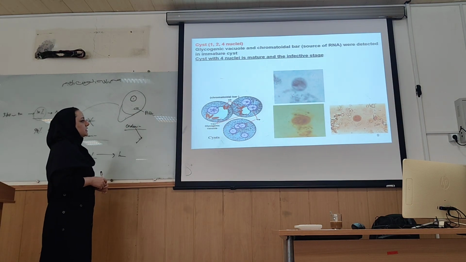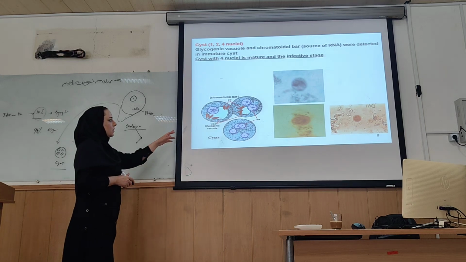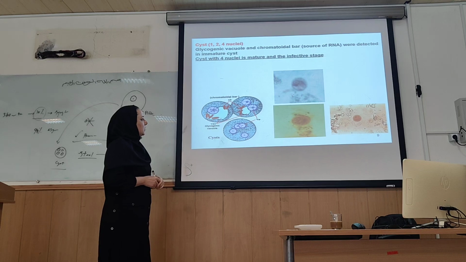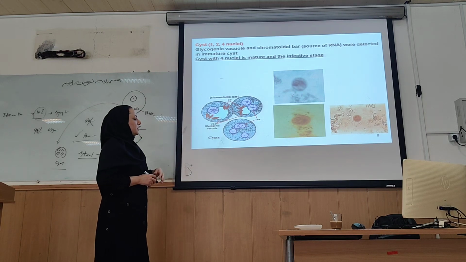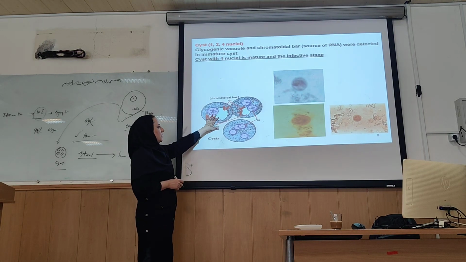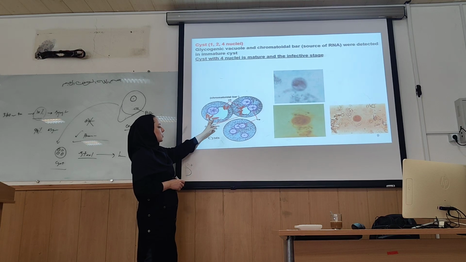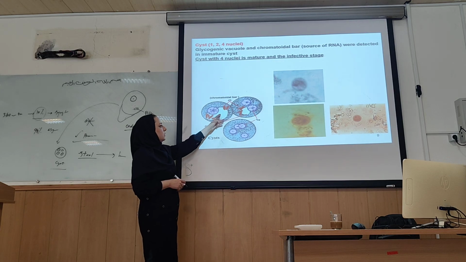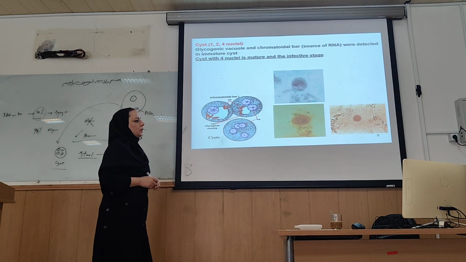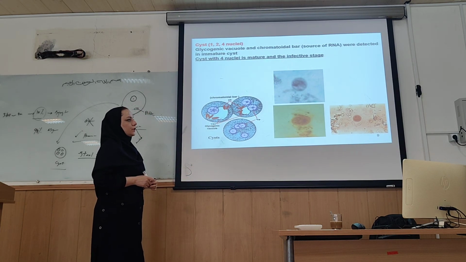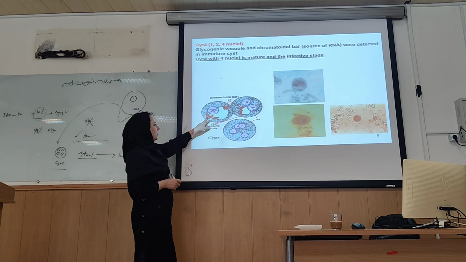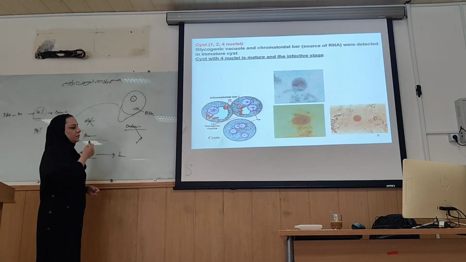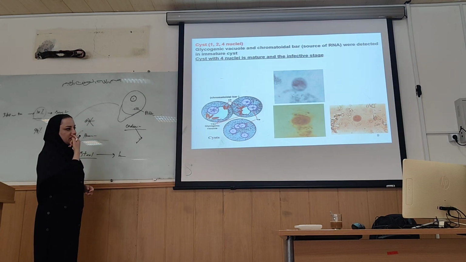Also, they have the cyst form. The cyst form has 1, 2, or 4 nuclei. In the immature cyst, we have the glycogen vacuole and also the chromatoidal bar. The glycogen vacuole is enriched with glycogen, the source of carbohydrates, and the chromatoidal bar has RNA, ribonucleic acid.